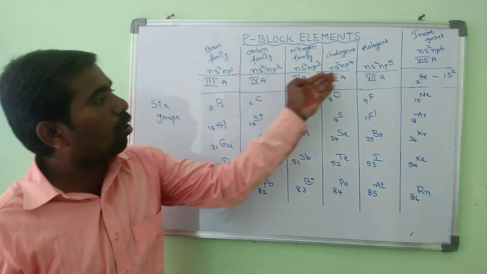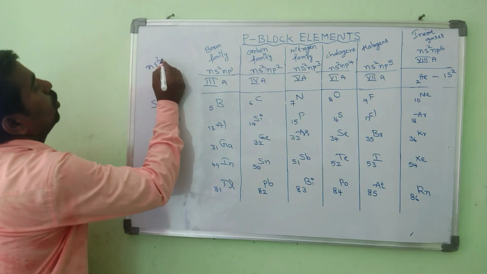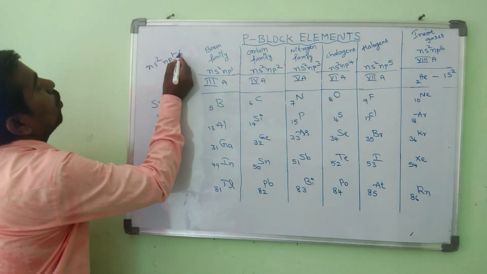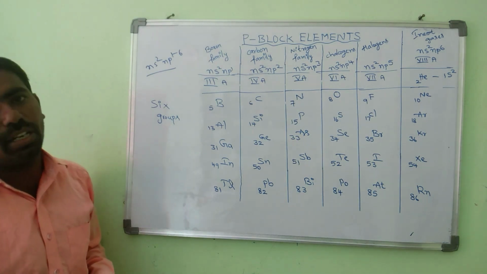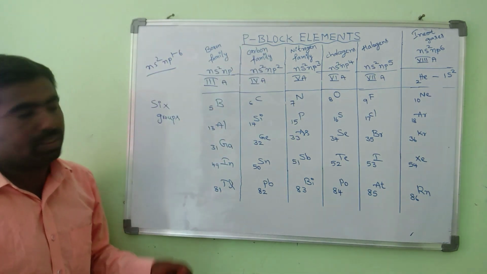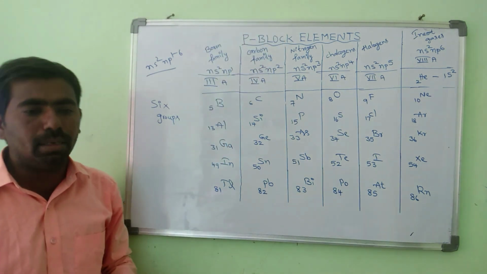So from these outer electronic configurations, we can write ns2 np1 to 6. This is the general outer electronic configuration of P block elements.